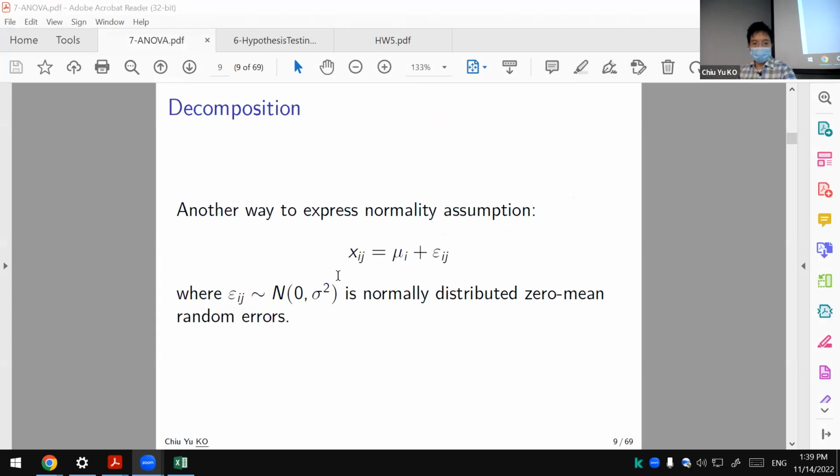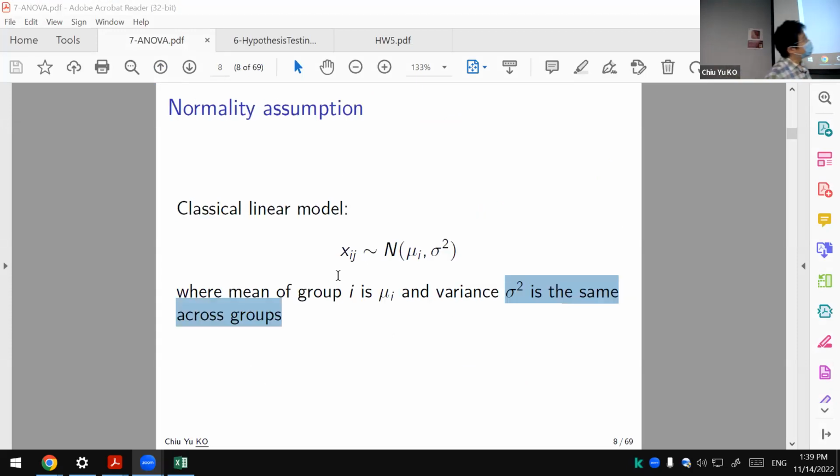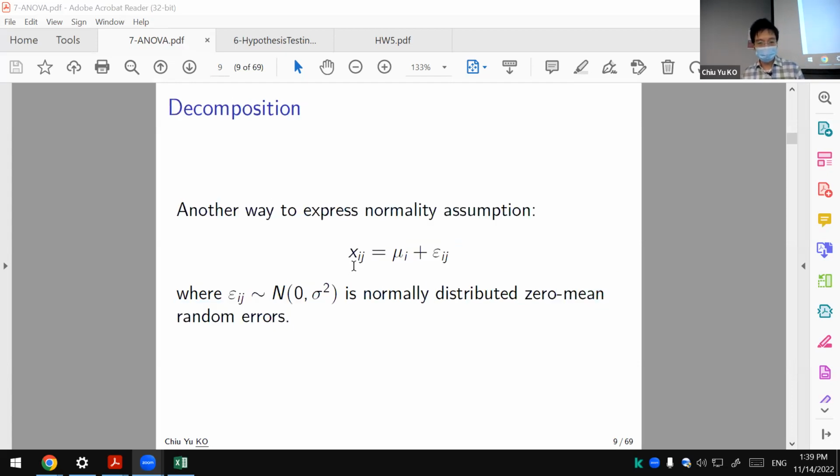If you see some of the books, they would go a little bit further. The other way to express this is that each observation is given by the group mean plus an error term. Why can we do that?